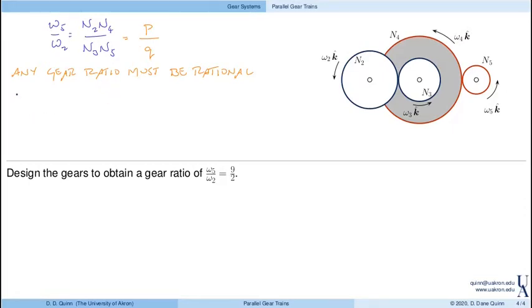So the consequence of this is that the numerator, which in this case is N2 times N4, must have a factor of p.